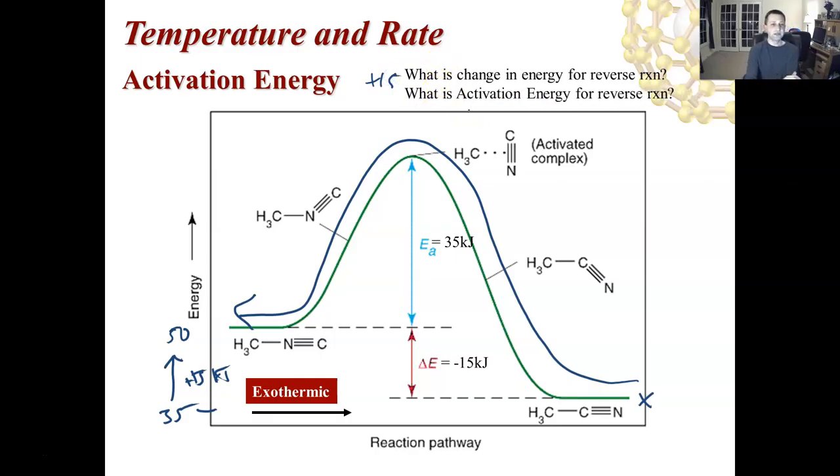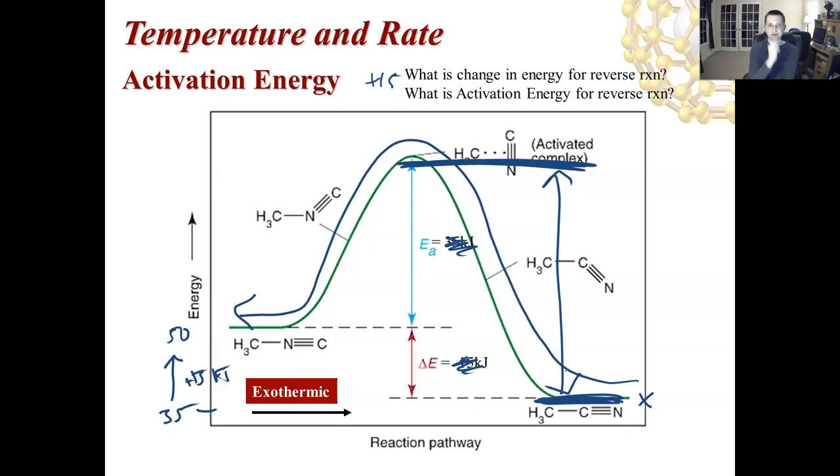Another question says, what's the activation energy for the reverse reaction? It's a good question. The activation energy, and ignore what you see on the screen here because this is for the forward reaction. Let's get rid of that so we're not confused. The reverse reaction, we're starting here and we have to get to here. Look at that energy difference.